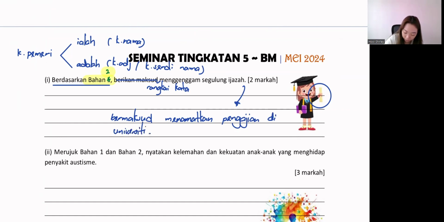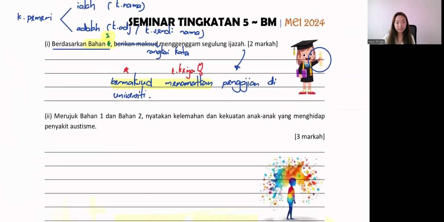So you must be extra careful of your tata bahasa here because this one is kata kerja. So this is the best. If you say ialah menamatkan, then it's wrong already. Menamatkan is kata kerja. It does not fit in either one.